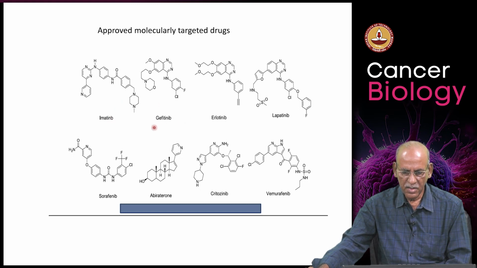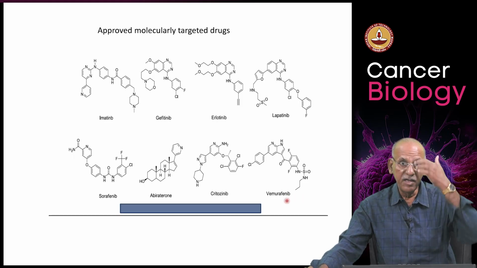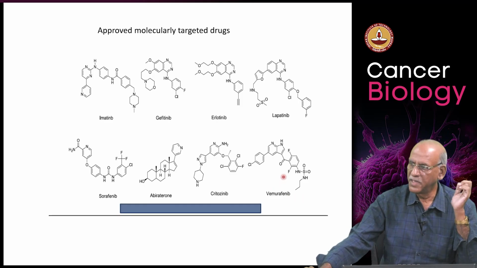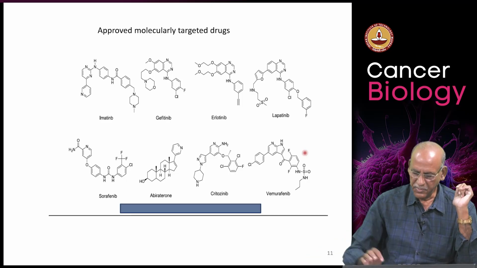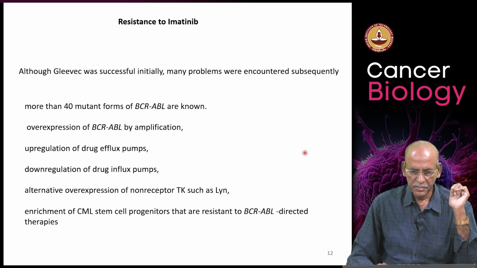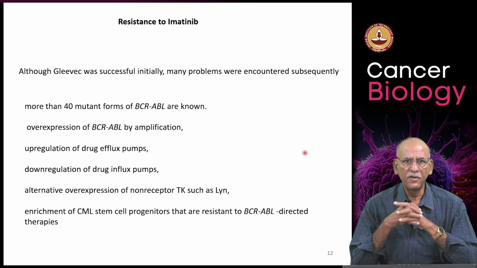Then gefitinib, erlotinib, lapatinib, like that they have given some commercial names, sorafenib, abiraterone, crizotinib, vemurafenib. Whenever it ends with IB, I told you it must be a chemical. Whenever it ends with MAB, it is a monoclonal antibody. The name of the drug, just keep in mind. Like I told you, more than 40 mutant forms are known.